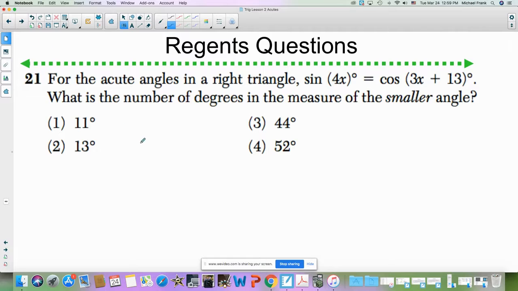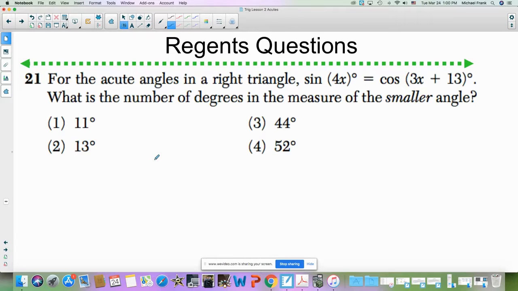All right, and here are some Regents questions. 21. For the acute angles in a right triangle, the sine of 4x degrees and the cosine of 3x plus 13 degrees. What is the number of degrees in the measure of the smaller angle? Well, we just looked at a problem similar to this.